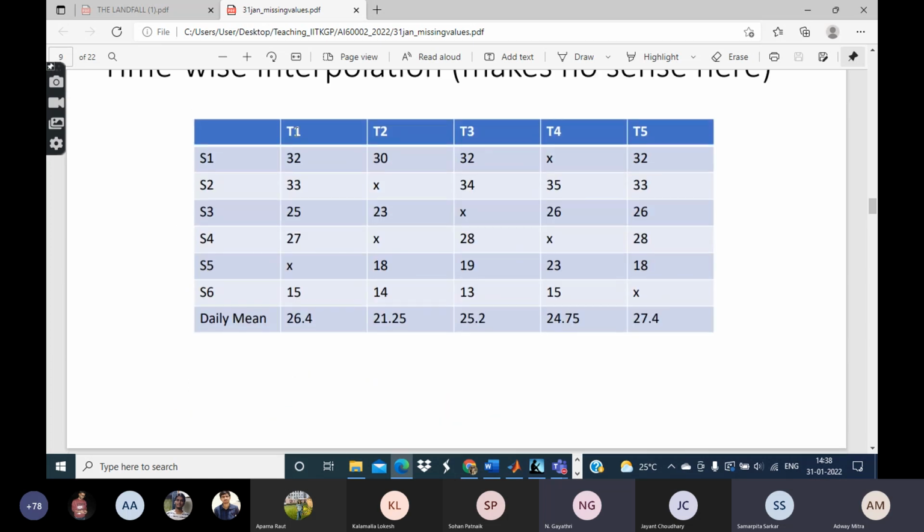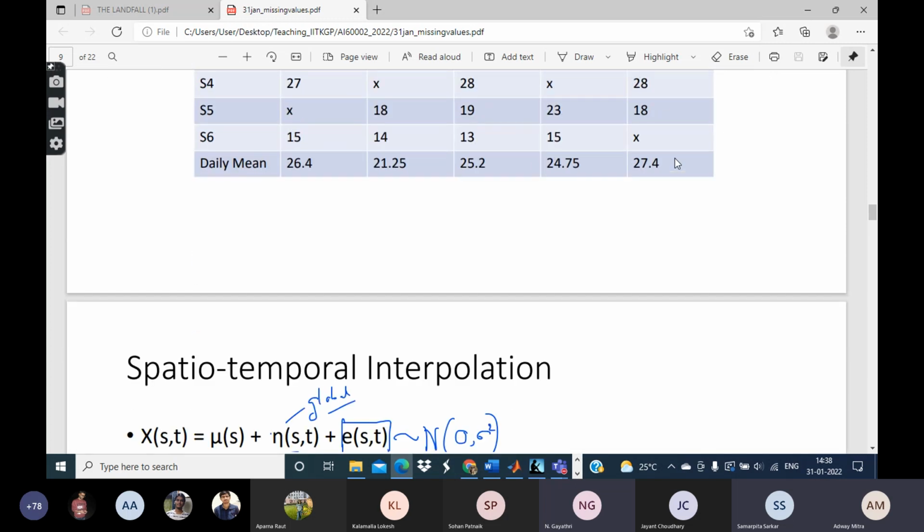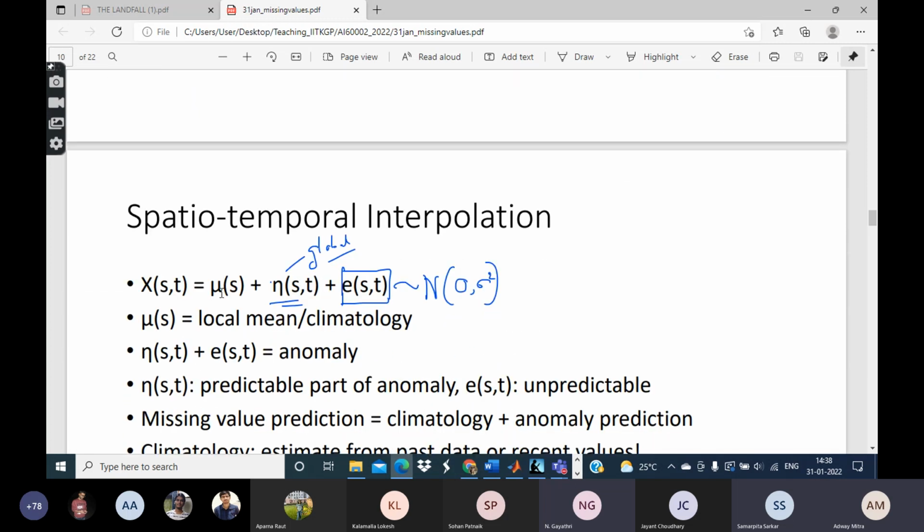But in this case, as we have already seen, that does not make much sense. We cannot take the average over space because there is a lot of spatial variability, but we can take the average over time because there is very little temporal variability. That's why we are looking upon it primarily as a spatial process. So we are using mu s.